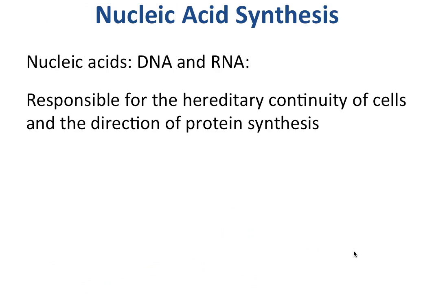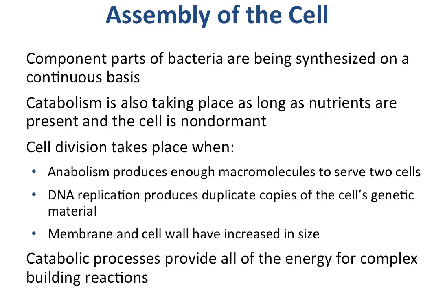The nucleic acids are DNA and RNA, right? Their function is for the hereditary process. They store all the hereditary information, and the cells can use this information to produce protein.